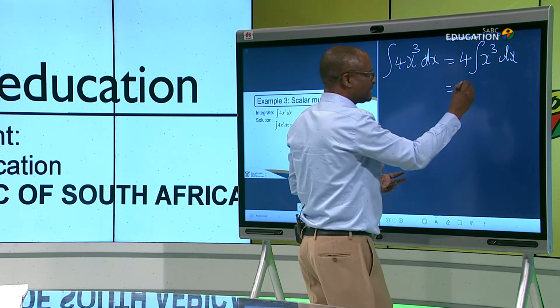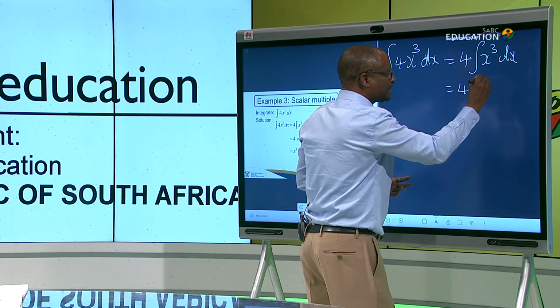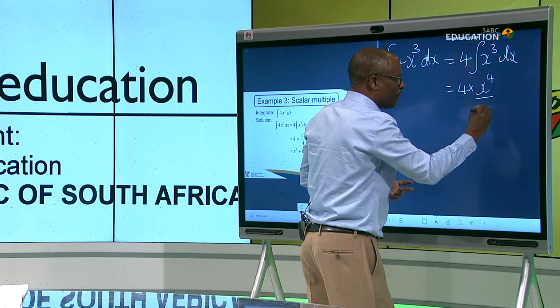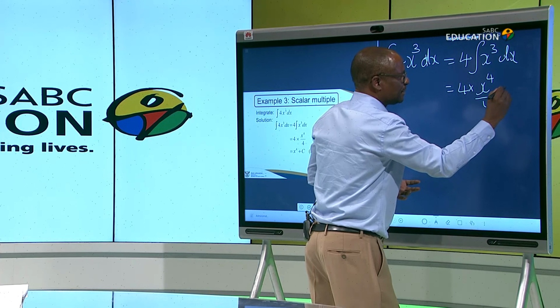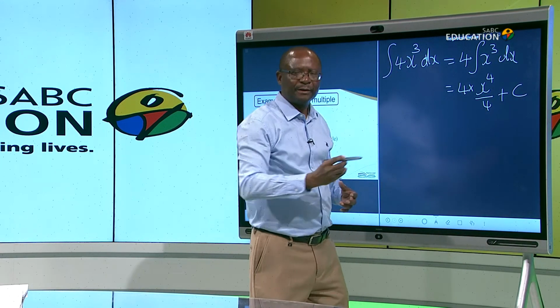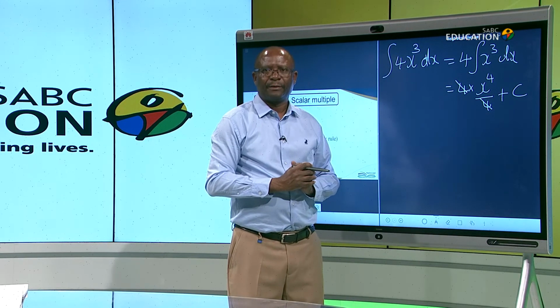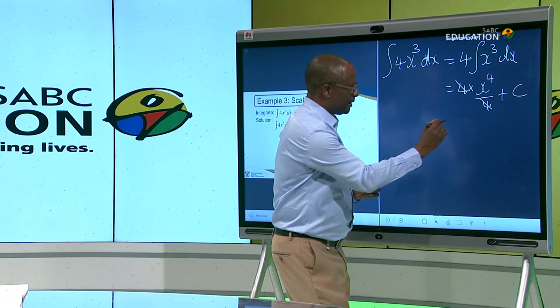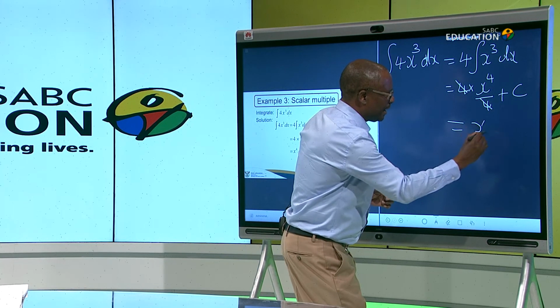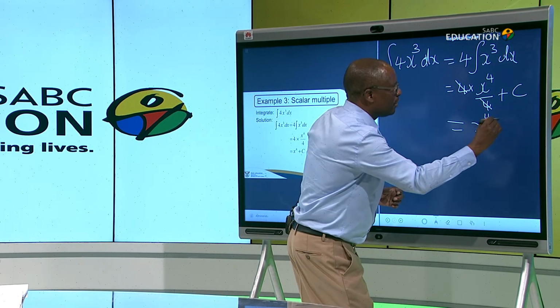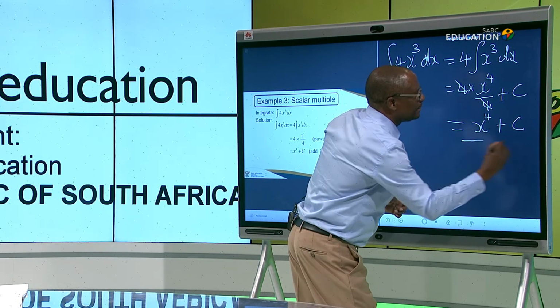This can just be written as x to the exponent of 4 over 4 plus c. Then we can factor this out, and this will be equal to x to the exponent of 4 plus c.